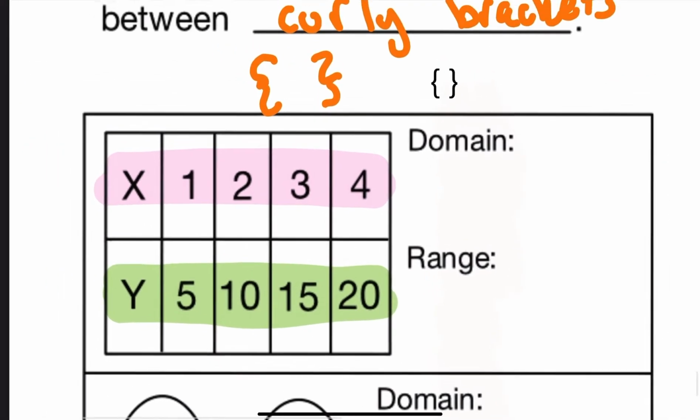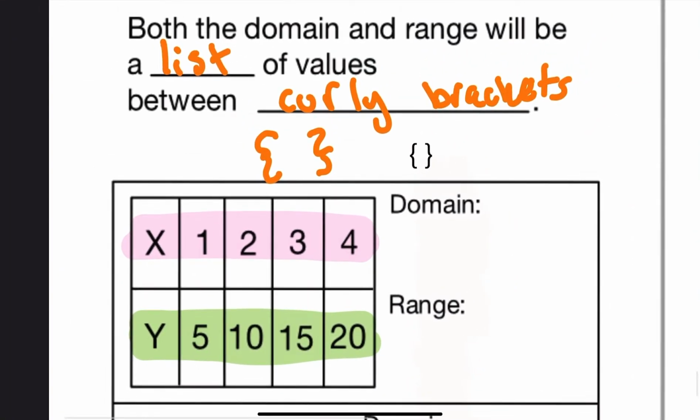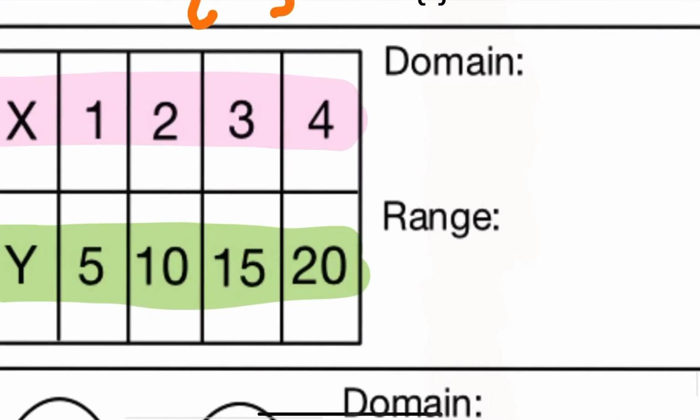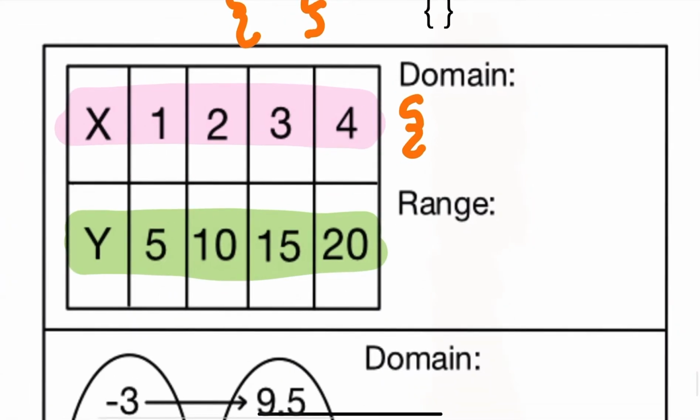So just like it said over here, they will be a list of values in curly brackets. So I'm just going to do my curly brackets as best as I can. I know they look a little funky, but I'm trying my best. We have 1, 2, 3, and 4 in my domain. And I'm going to close it with another set of curly brackets.